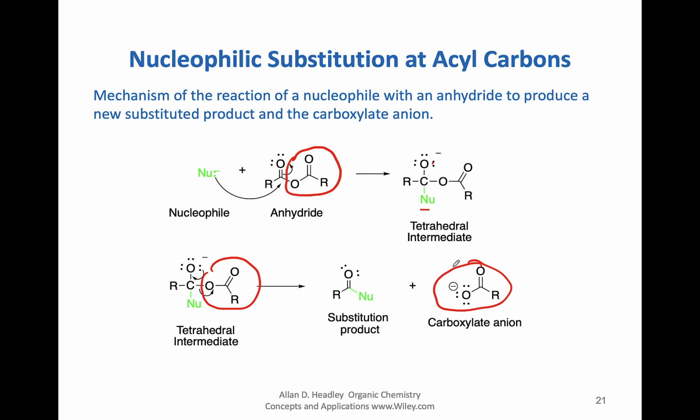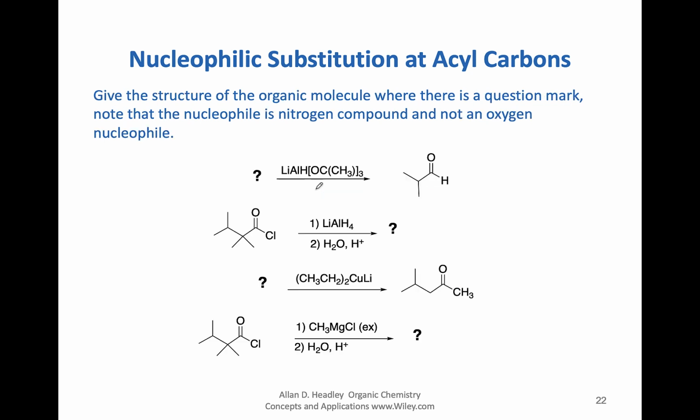Pretty stable. Why? Because it's resonance stabilized. You can draw another resonance structure to show that the carboxylate anion is pretty stable. Hence, it is a weak conjugate base, hence a good leaving group. So that's very reactive.